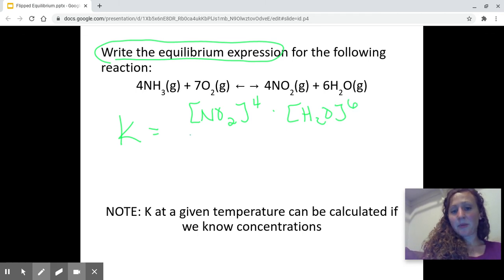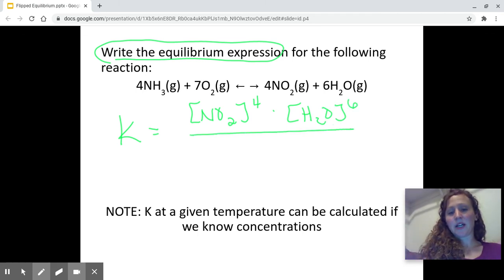Okay, notice on the top of my fraction, which is called the numerator, I have my products. I have them in brackets indicating I'm going to use concentration, and I have those brackets raised to my coefficients.